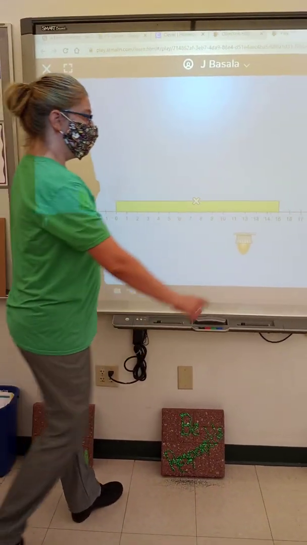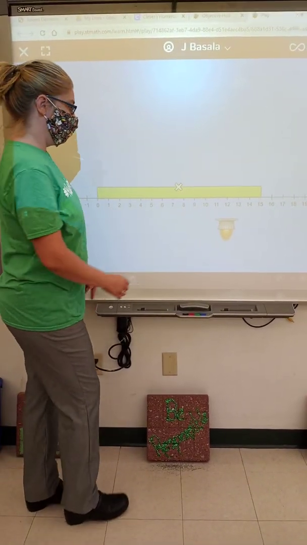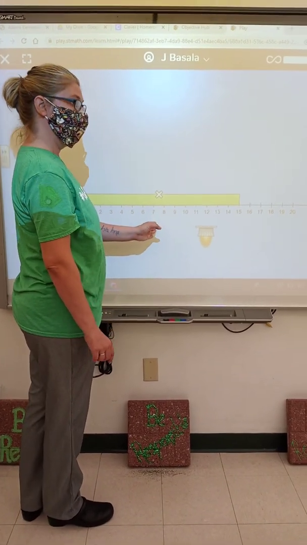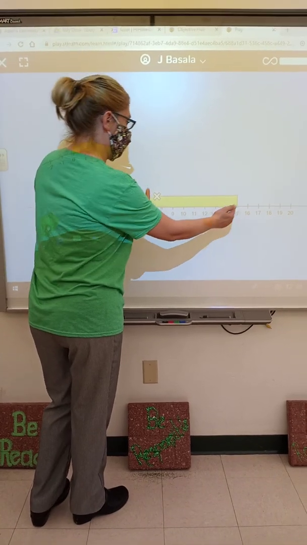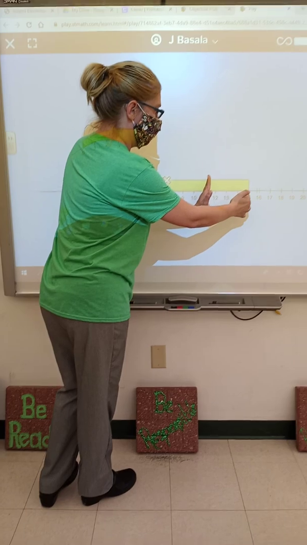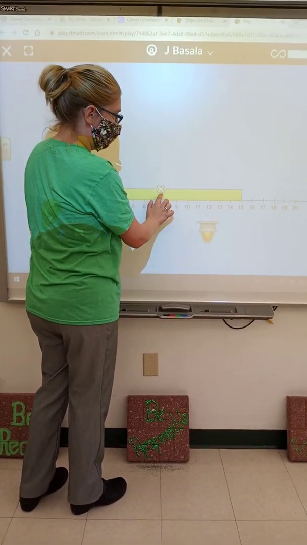One more. Now we have to go from 15 to about 12. Well, half of 15 is 7.5. 3/4 of 15, so this is half. We need another half of it, or half of the half. So we need 3/4 of it.